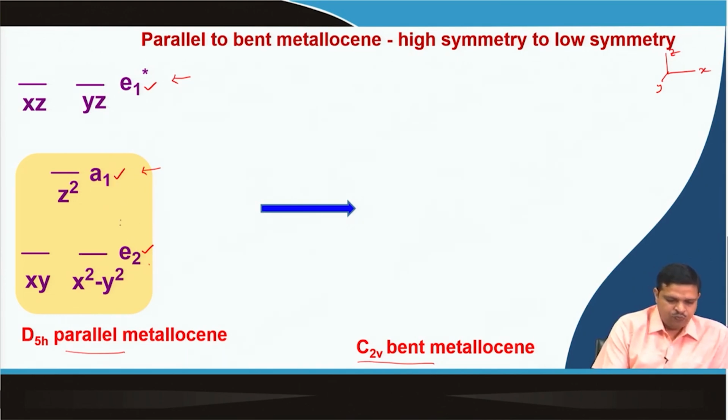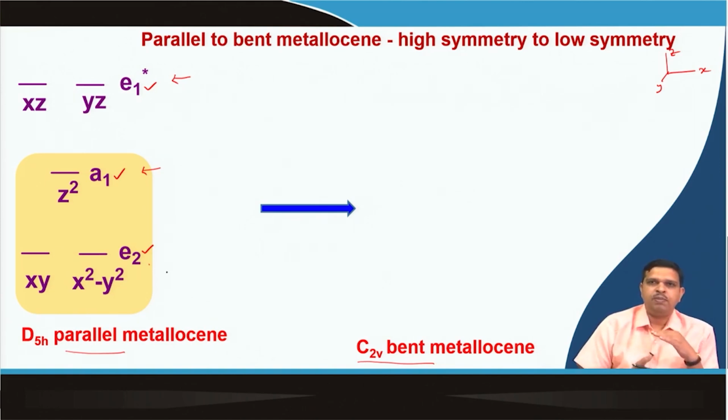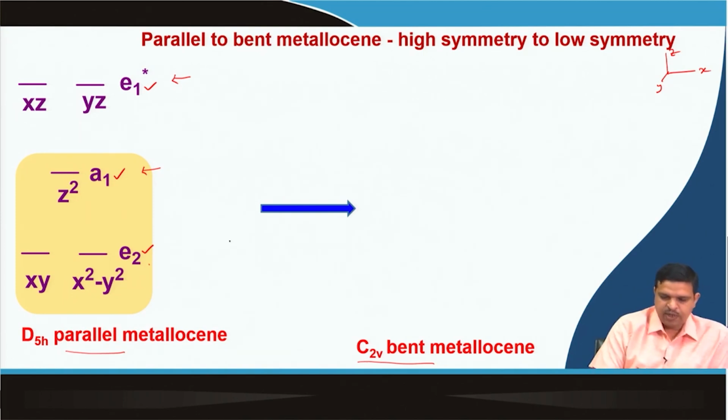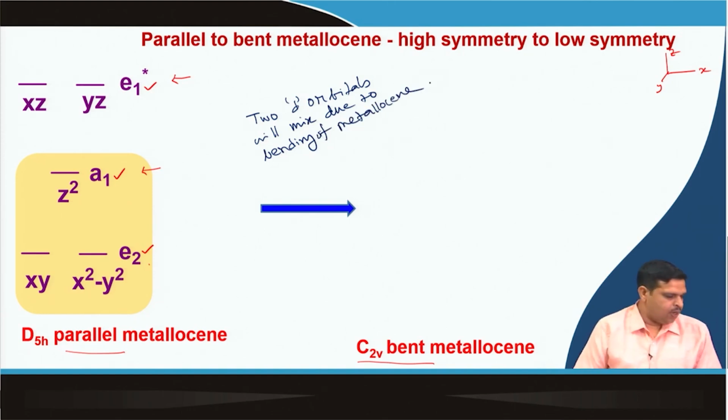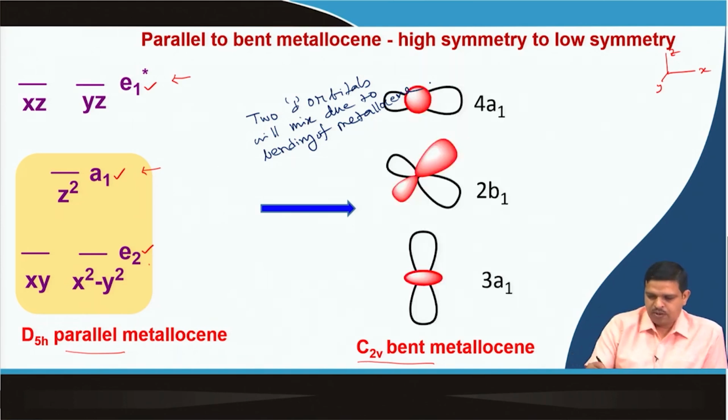Out of these three d orbitals, 2 filled d orbitals will mix due to the bending of the metallocene, and they will be apart in energy.